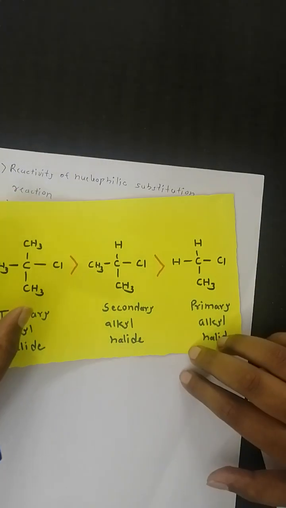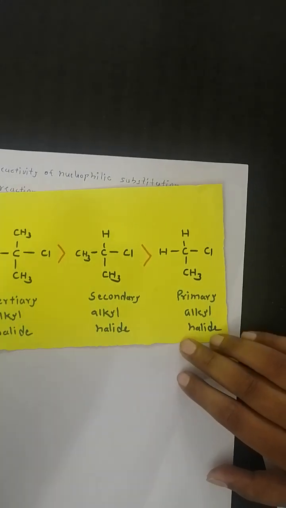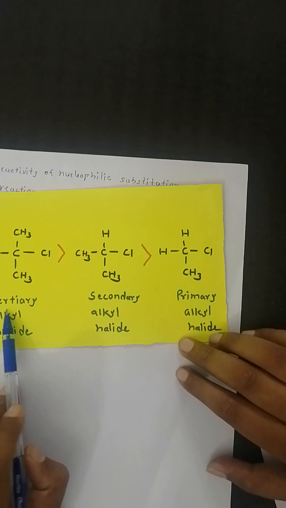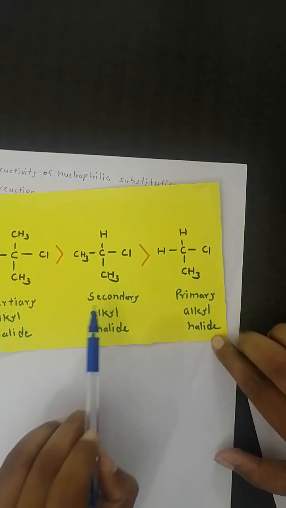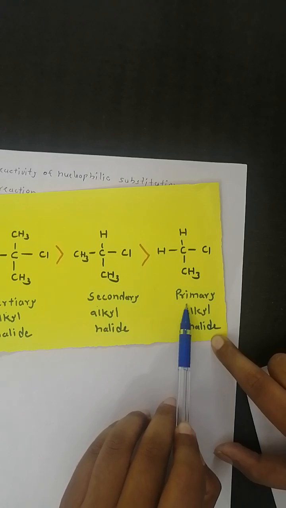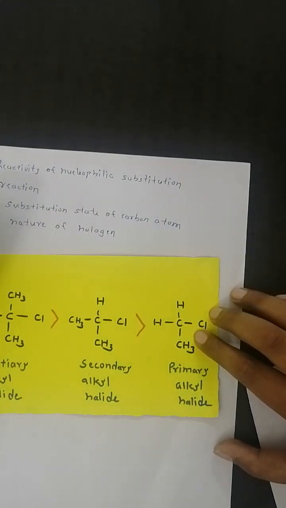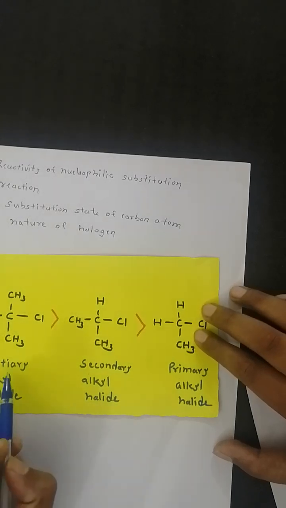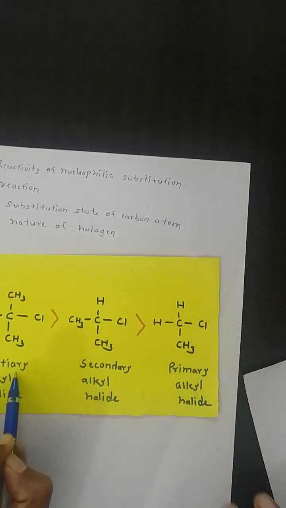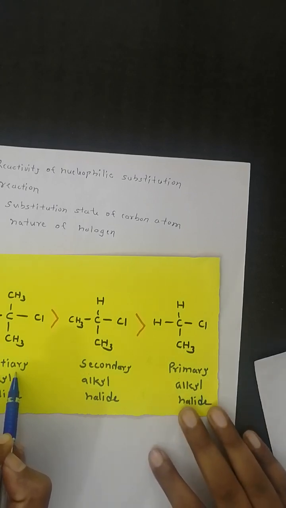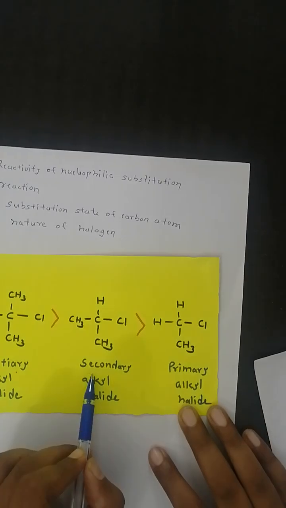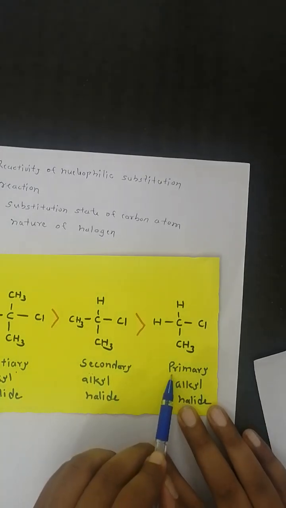To understand these two factors, we are going to take the examples of types of alkyl halide. This is your tertiary alkyl halide, this is your secondary alkyl halide, and this is your primary alkyl halide. To understand the substitution state of carbon atom, tertiary alkyl halides are more reactive towards nucleophilic substitution reaction than secondary alkyl halide and primary alkyl halide.